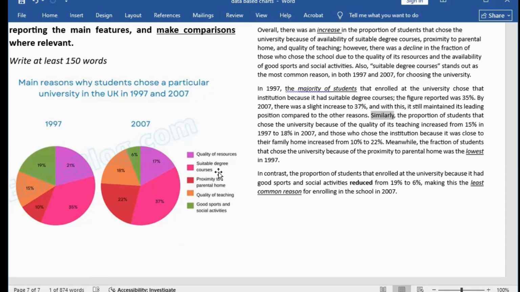You notice that I did not use over the years in my answers for this particular chart. Why? Because you don't have anything for 98, 99, 2000, 2001, 2002. So you can't say over the years. Just say it decreased in 2007 compared to 1997. Okay, so there are so many errors with this response.